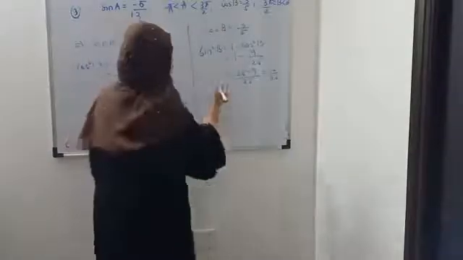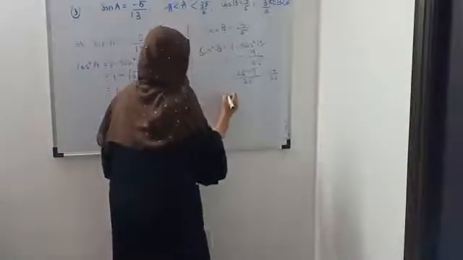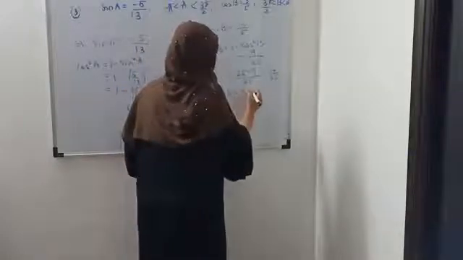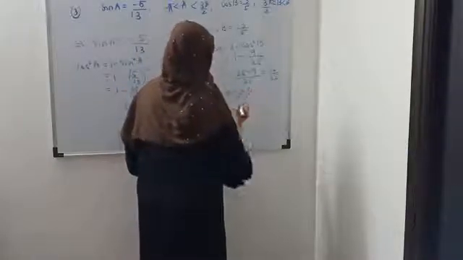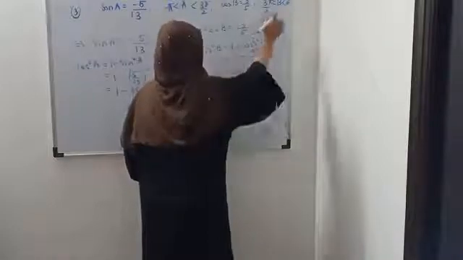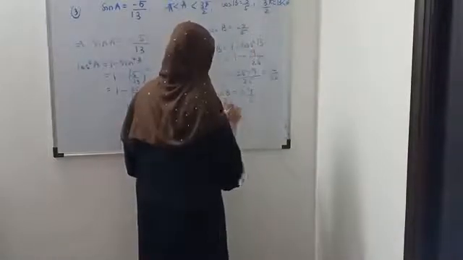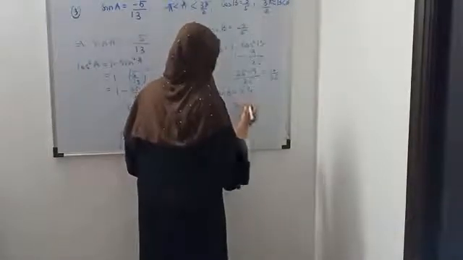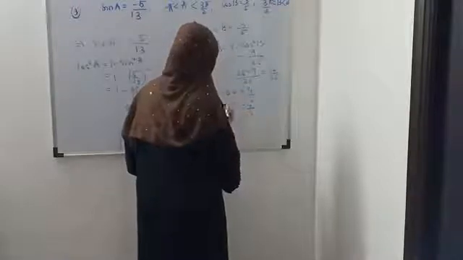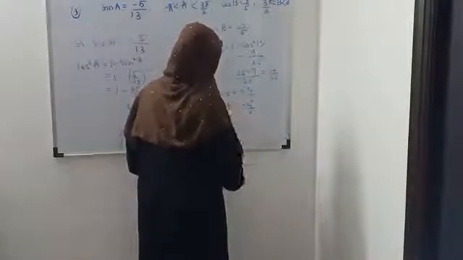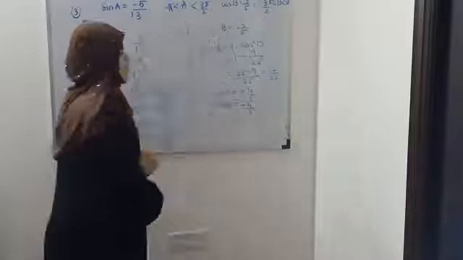If you take the square root, then sin B is plus minus 4 upon 5. But B is in the fourth quadrant and sin B is negative there. So sin B is minus 4 upon 5.